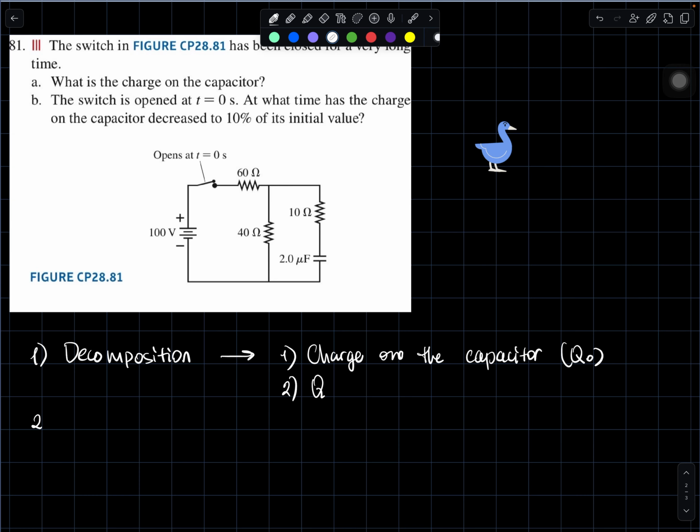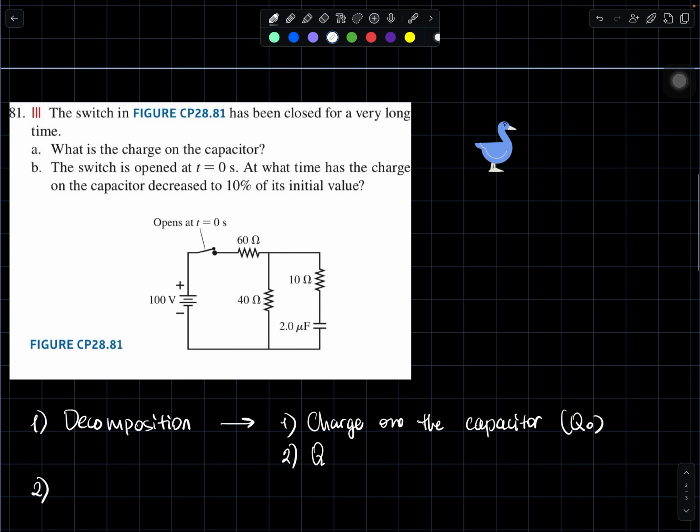So next stage, we have abstraction. For phase 1, the key abstraction is the steady state condition. After a very long time, the capacitor is fully charged and no current flows through it.